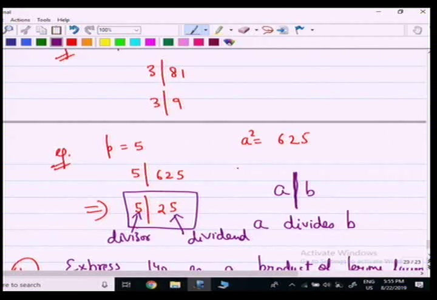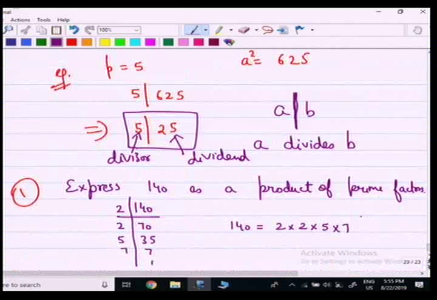Only the vertical line is used to represent that the left number is dividing the right number. Getting it?